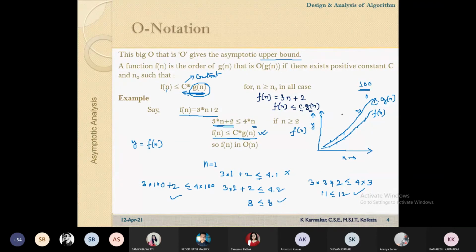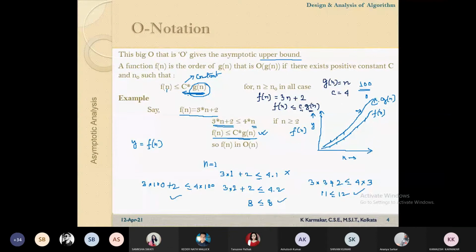In our example, we have considered that g(n) equals n and the constant value c equals 4. So if c equals 4 and g(n) equals n, this inequality is satisfied.